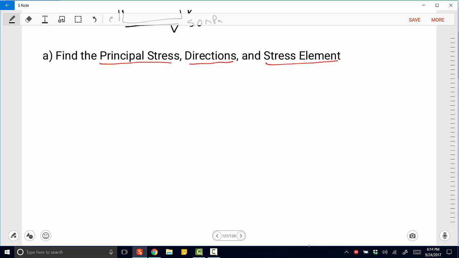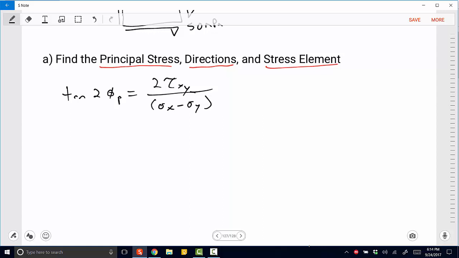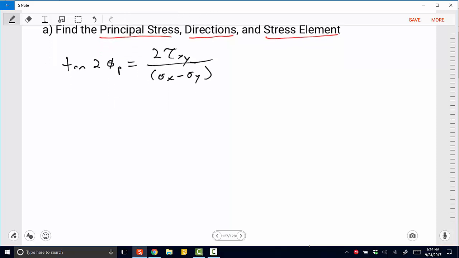Let's start with finding the principal directions, which is tan 2 phi p is equal to 2 tau xy divided by sigma x minus sigma y. Okay, we look at this equation, we have everything on the right hand side and we're searching for phi p on the left hand side. So let's rearrange and solve for phi p.